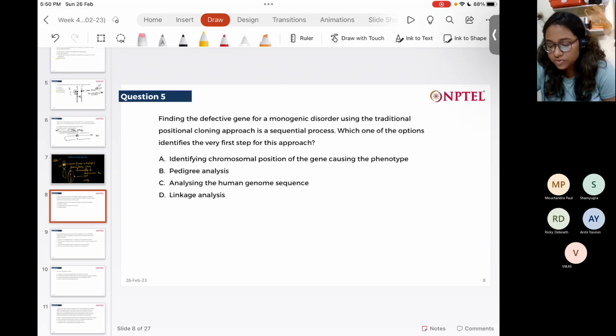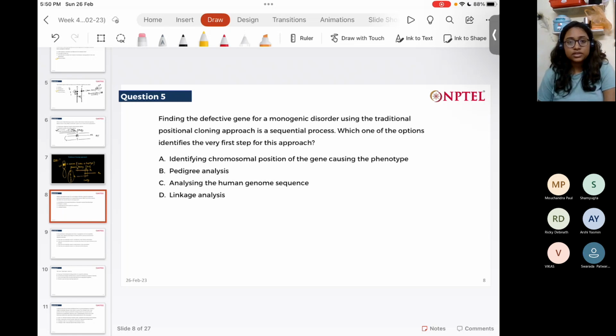So this is the fifth problem, which states that finding the defective gene for a monogenic disorder using the traditional positional cloning approach is a sequential process, right? We have to follow one step, then the next step. So which one of the options identifies the very first step of this approach?